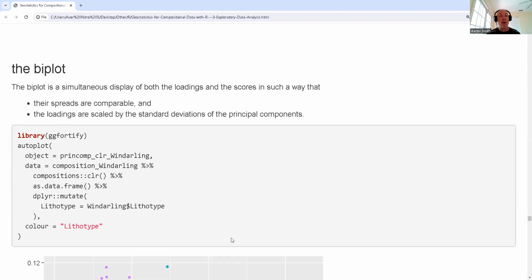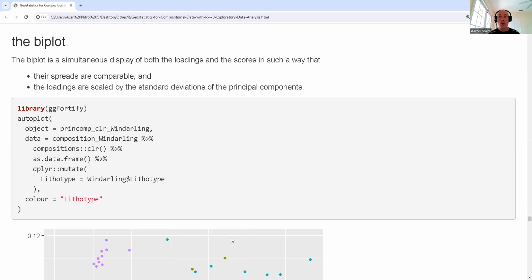Now, the biplot is a way for us to understand our principal components. So what we're going to do is plot typically the first 2 principal components. Whichever principal components I'm interested in, I'm going to put them in the biplot. Typically, we go 1 and 2, maybe 1 and 3, 2 and 3, to try and understand what is going on.